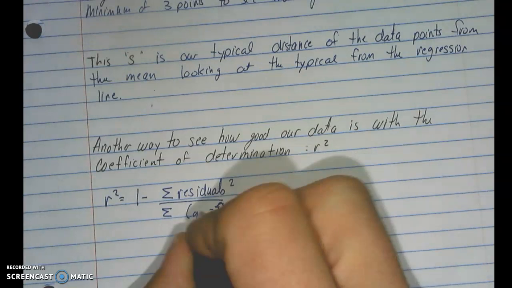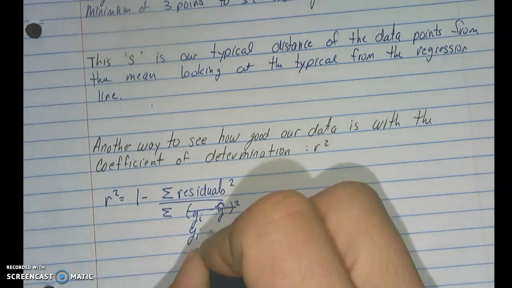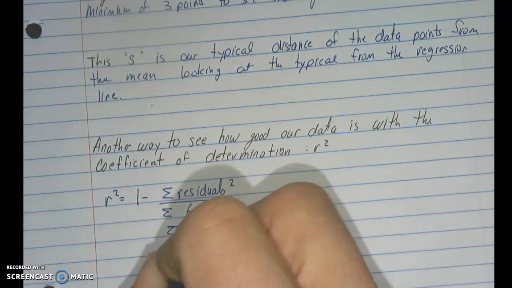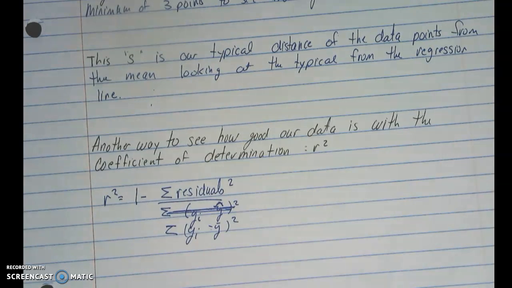Wait, that's, yep, I was right the first time. y i minus y bar squared. Yes. Okay.